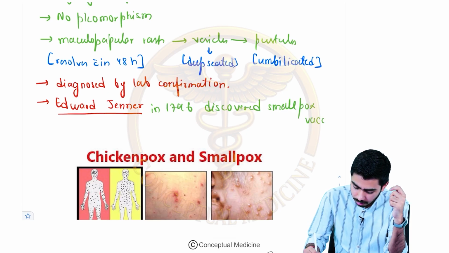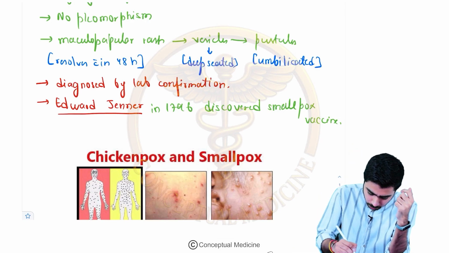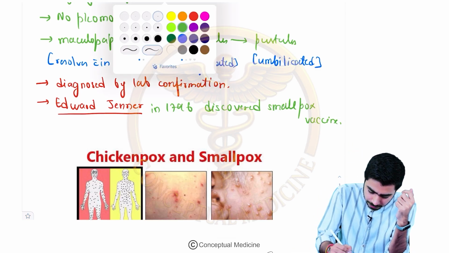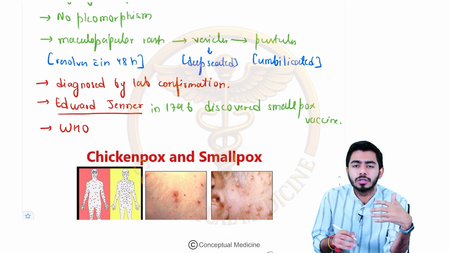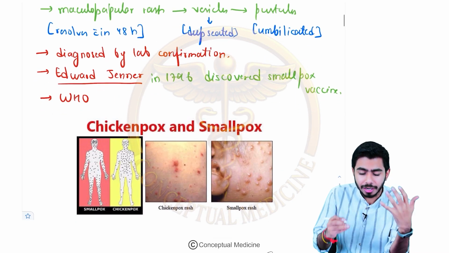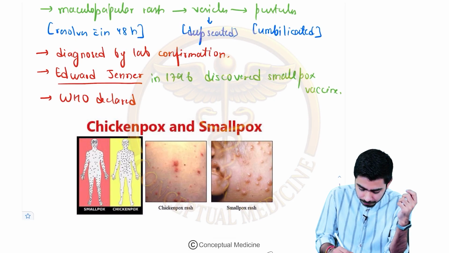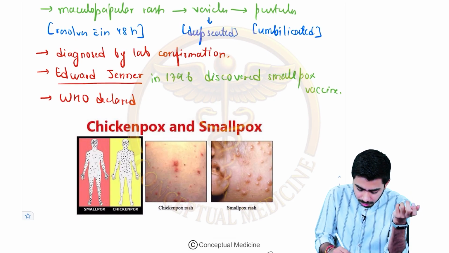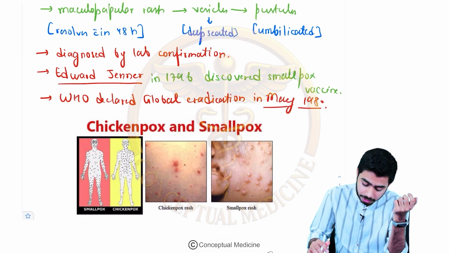Then you should know at what point of time WHO declared global eradication. As I told you earlier, WHO declared the global eradication of the smallpox virus in May 1980. That is also an important point which you might remember.